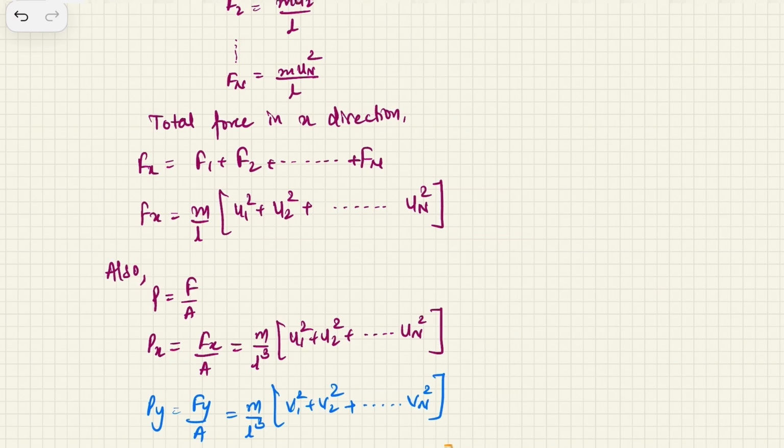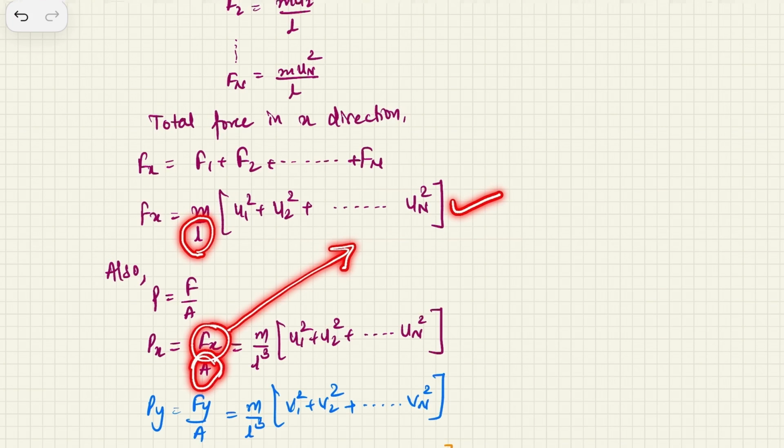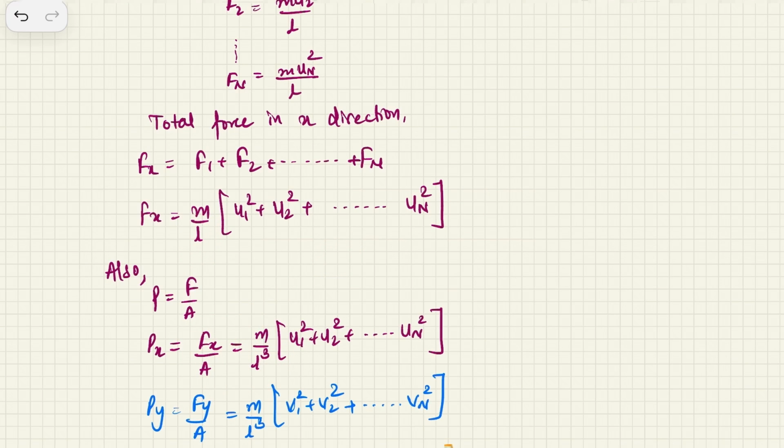Even if you want to club few steps and you find out some steps easier, then you can just club it and make the derivation shorter. So Fx is this term, area is L square. So if you see, there is an L here and there is an L square term here in area. So L square and L will become L cube. So this becomes L cube. And if you see, m is as it is, this bracketed term is as it is.